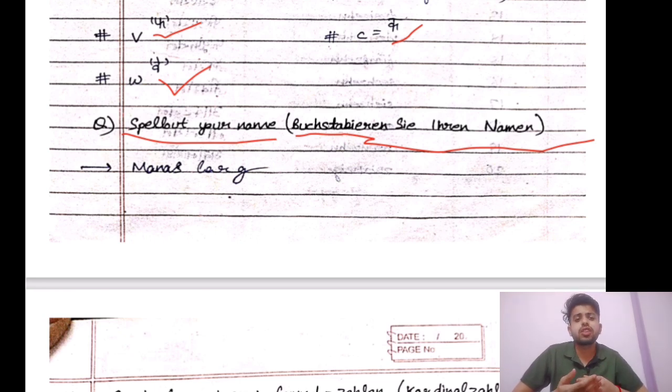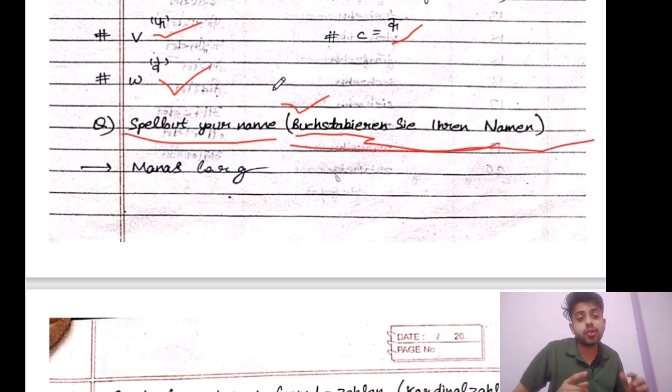You have to do this. That helps you to learn German faster and get used to it. So you don't need to learn that spell out your name means Buchstabieren Sie Ihren Namen. No, slowly everything will become easy. That's only for your knowledge. I told you how it's pronounced.